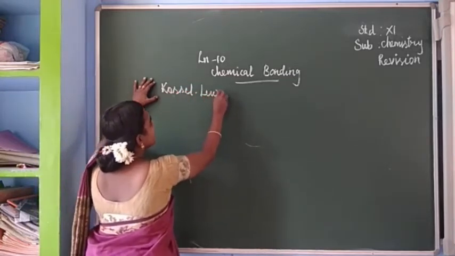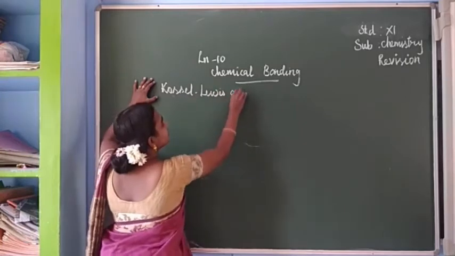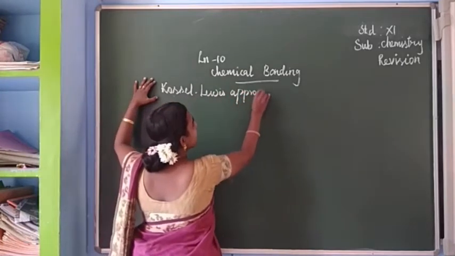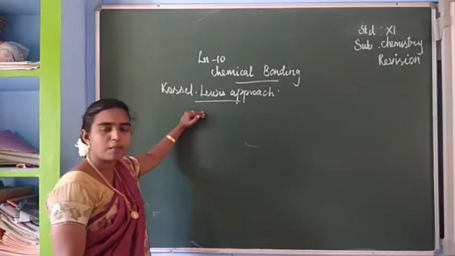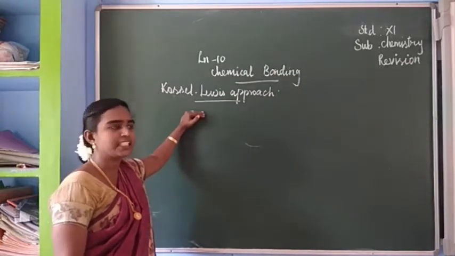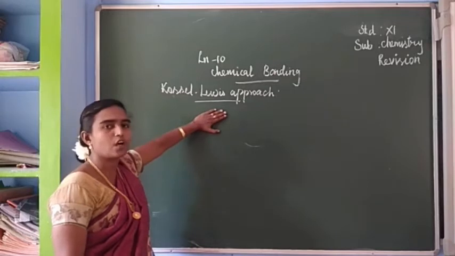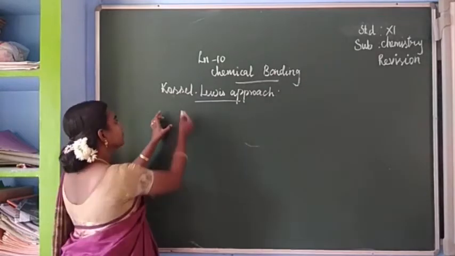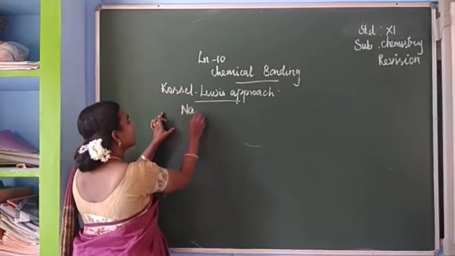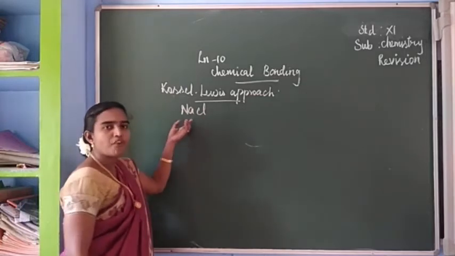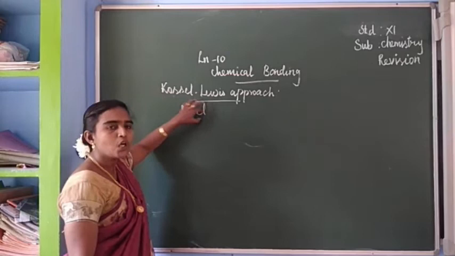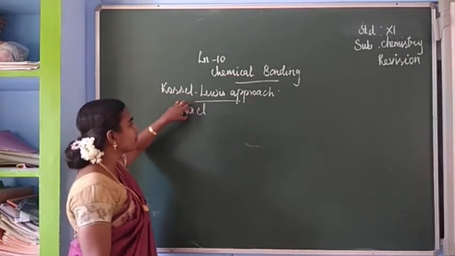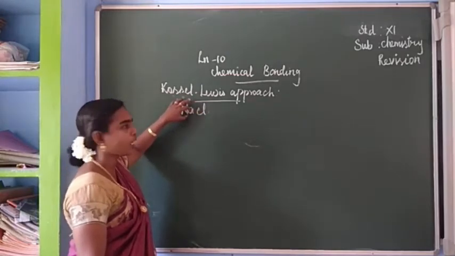According to this approach, the theory says that the formation of a chemical bond is closely related to the inertness of an atom. For example, sodium chloride: when a bond forms between the sodium atom and the chlorine atom, it is related to the inertness of a particular atom.